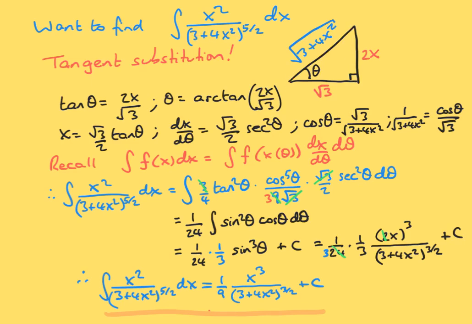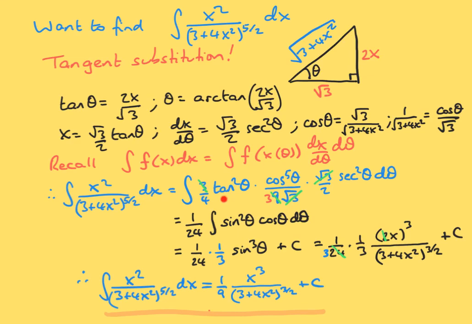This square root has got to be the hypotenuse, and that tells us just from looking at it, if I want x to be essentially the tangent of theta, I take the square root of this, 2x in this case, and the square root of this, root 3, and then the tangent of theta is 2x over root 3. And then we perform the substitution and hope the integral becomes easy.